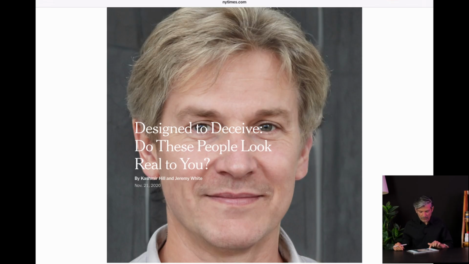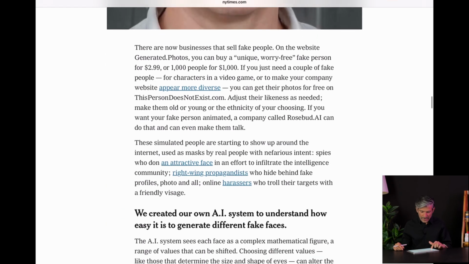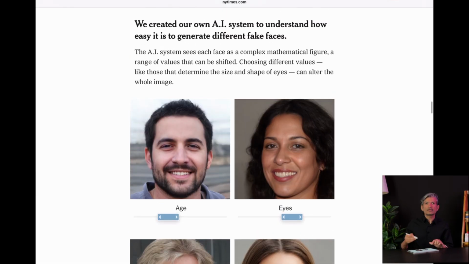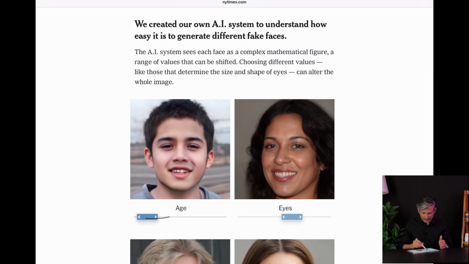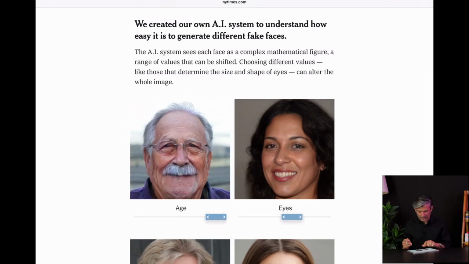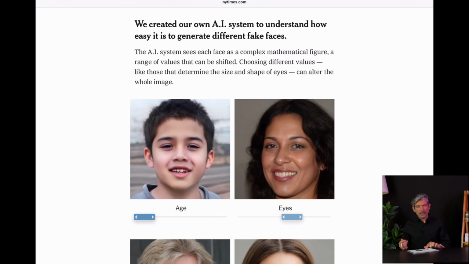Do these people look real to you? The reason I'm showing you this article is, one, because obviously it's important, the New York Times covered it, and they have this slider. So this slider is like, let's say, a condition, right? So later we'll talk about not just models from which we can sample data, but how we can sample that data when we have a condition. And here the condition is age.